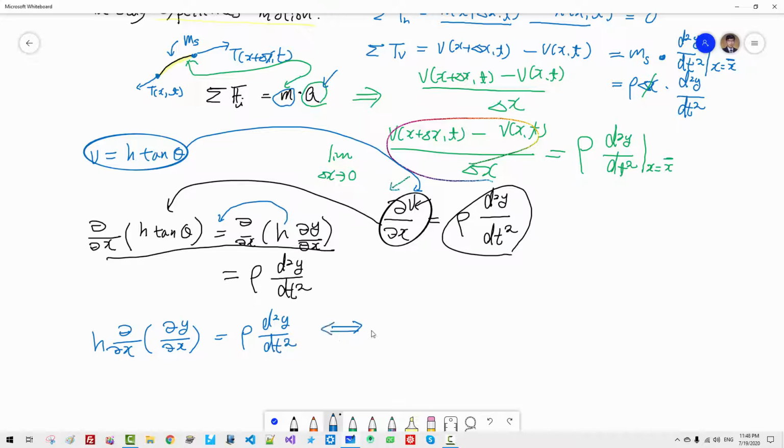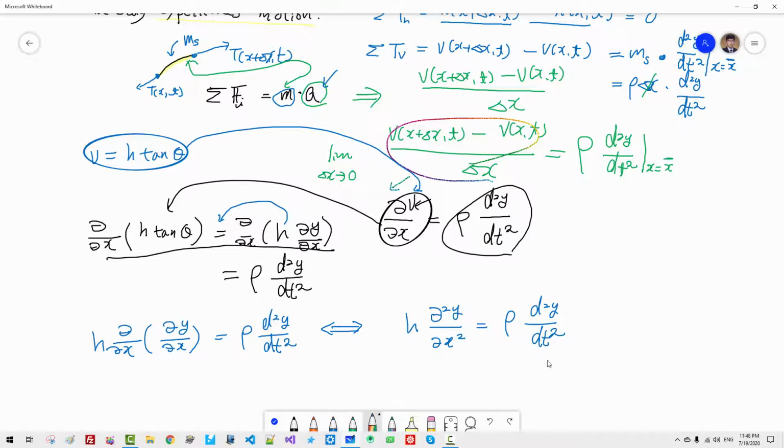Or we can say H partial square y over partial x square equals rho d square y over dt square.